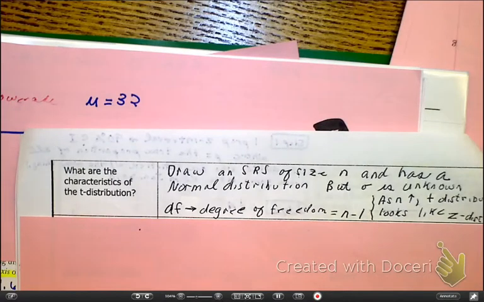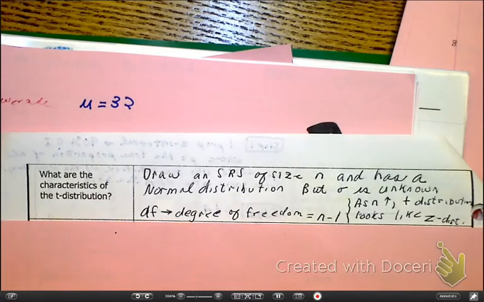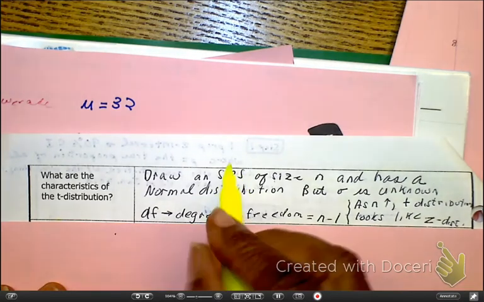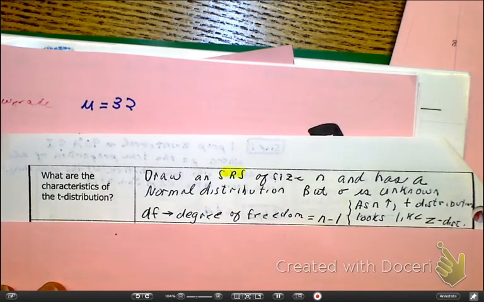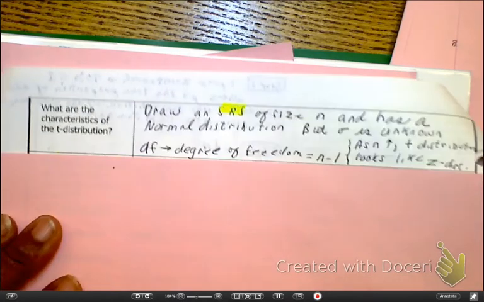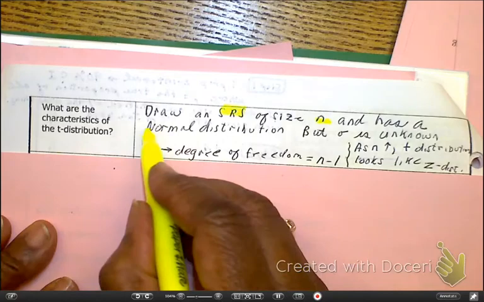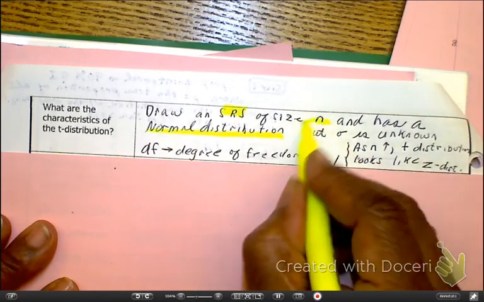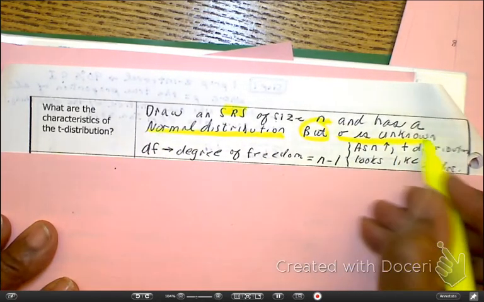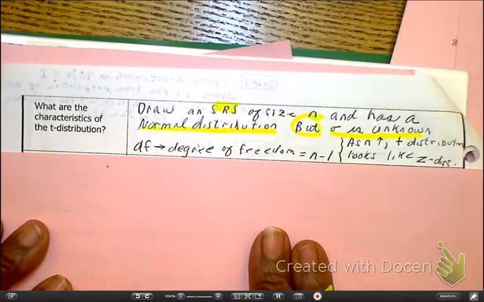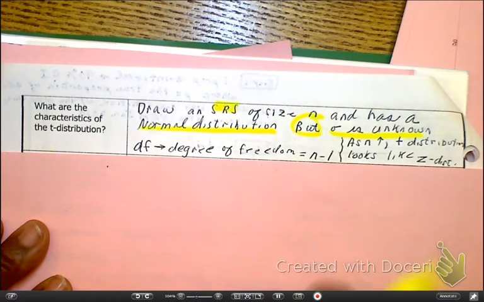So as I go to page 7, the question is, what are the characteristics of a t-distribution? Well, you know it's coming from an SRS, because it has to, otherwise it's biased from the start. We have sample size n, and yes, it still has to come from a normal distribution, but sigma is unknown. I know I'm repeating myself, but that is the key difference between t and z.